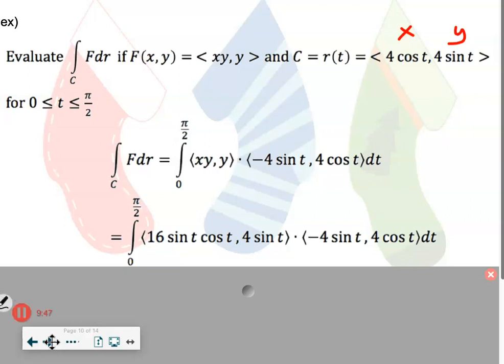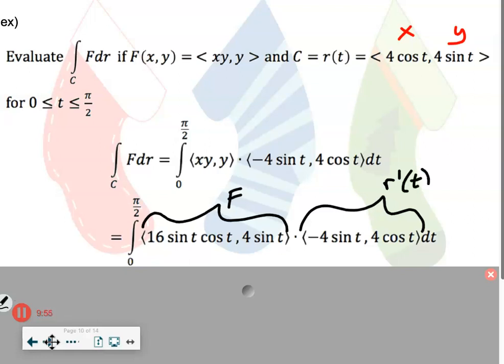This is F, this is r prime. Any questions on setup?